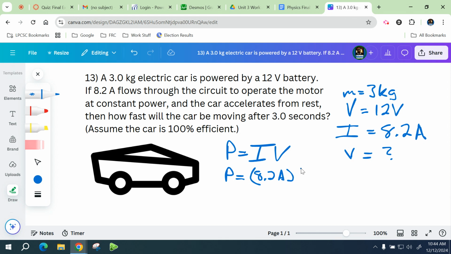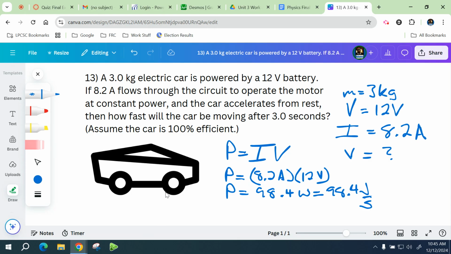So then the power, if you do the math on that, is 98.4 watts, which is actually 98.4 joules per second. And that'll be helpful because we're going to solve for meters, and then it'll end up being per second.